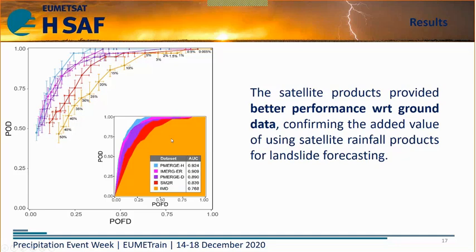So these results confirm the added value of using the satellite rainfall product for this kind of application, also in the case of a not so dense monitoring network.